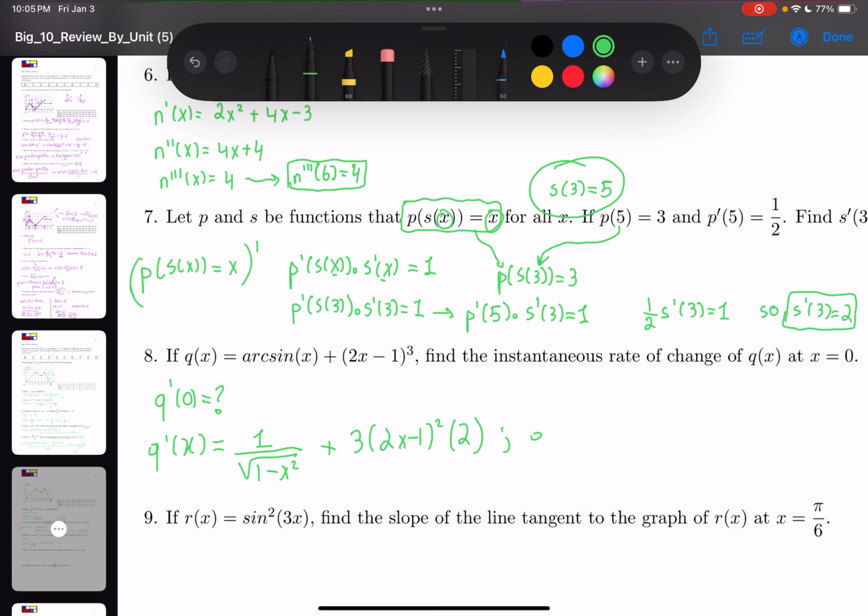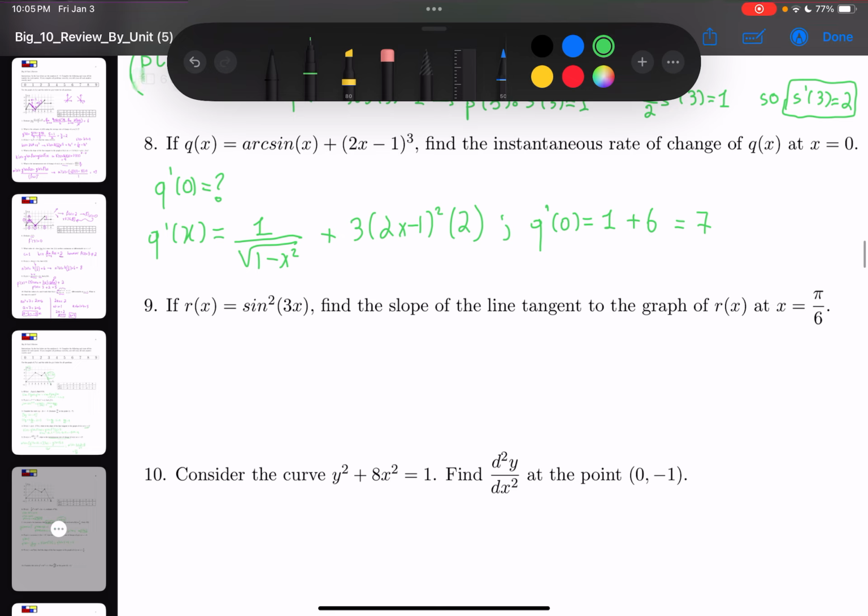Now q prime of 0 is going to be 1 plus, so minus 1 to the power of 2 is going to be positive 1. So 3 multiplied by 1 is going to be 3, multiplied by 2 is going to be 6, so it's going to be 7.